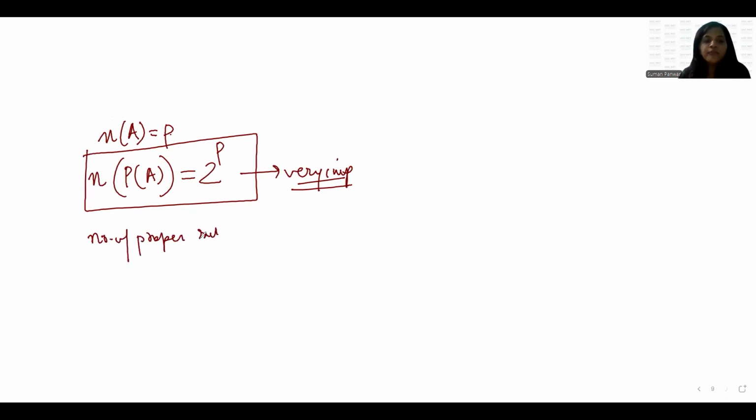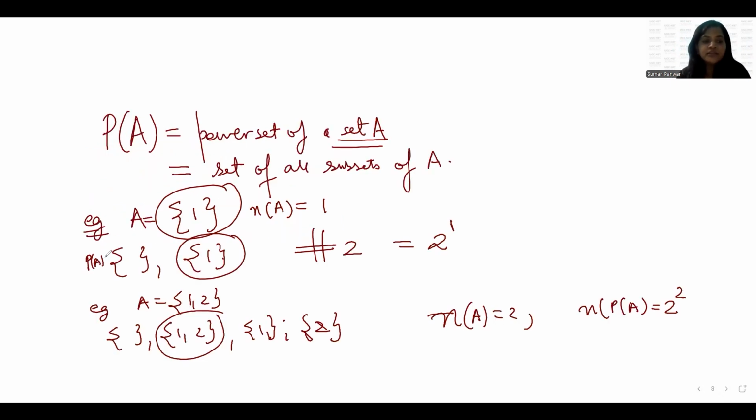You count the total number of subsets that are possible and subtract one from it, because I have taken the complete set also as a subset. So I will have to remove that particular thing also. So this is regarding power set. Remember that when you are calculating the power sets, you have to put these sets inside one more set of curly brackets, because that is a set in itself.